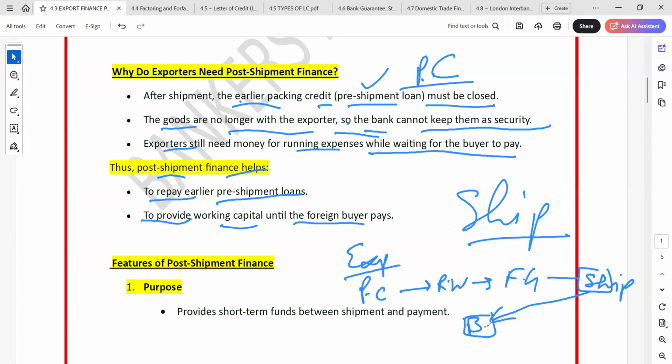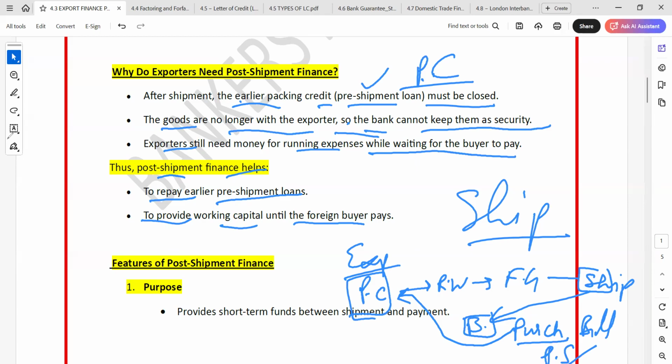He will give those documents to the bank, and the bank will purchase the foreign bill. Whatever proceeds come will be used to close the PC. The packing credit will be closed, and whatever outstanding remains will be of post shipment credit.